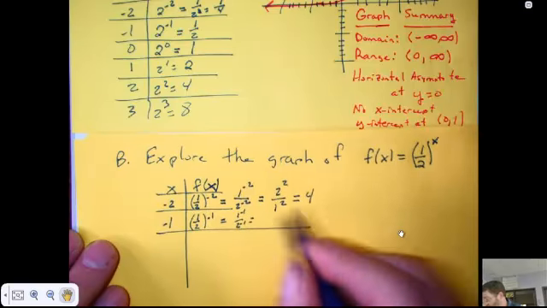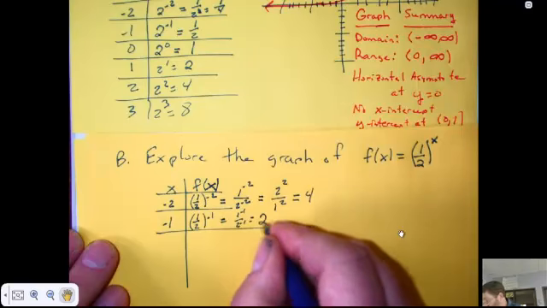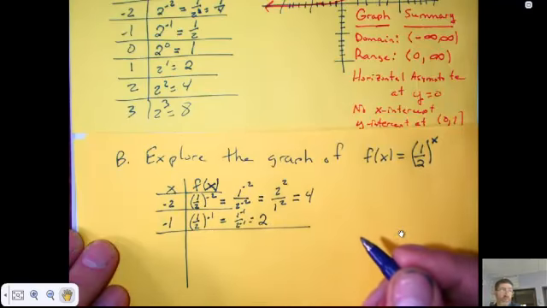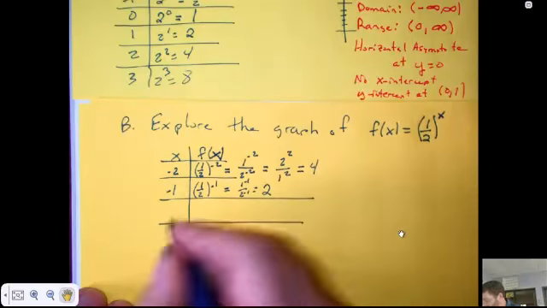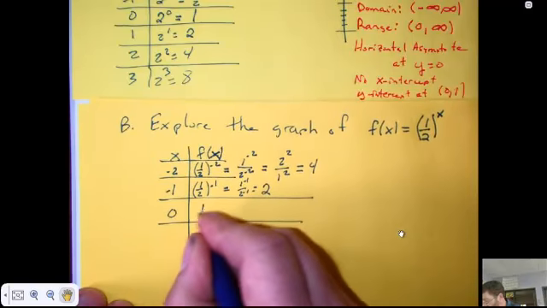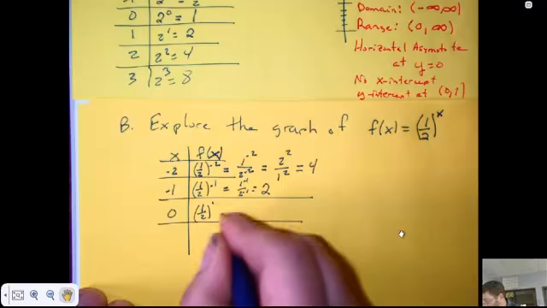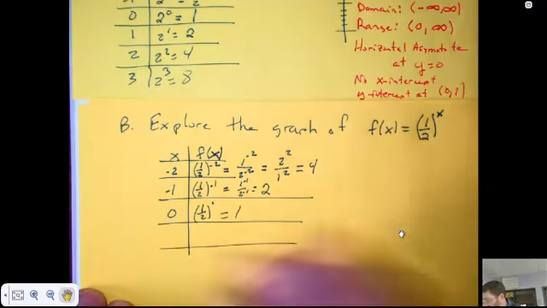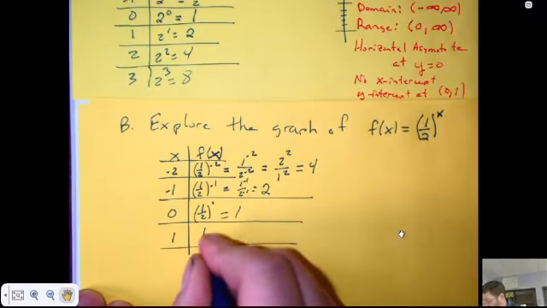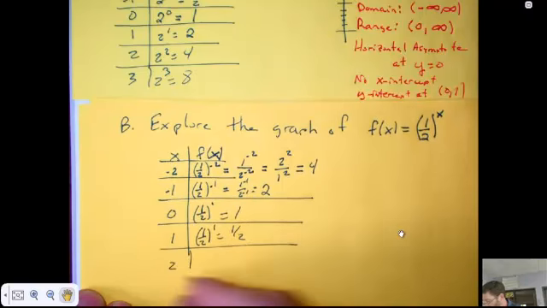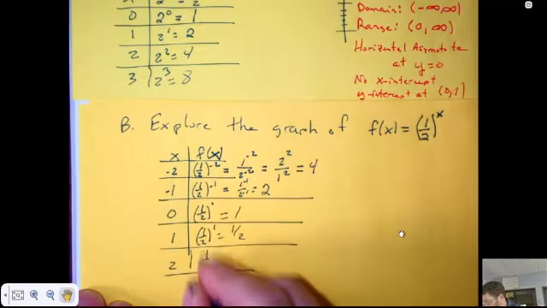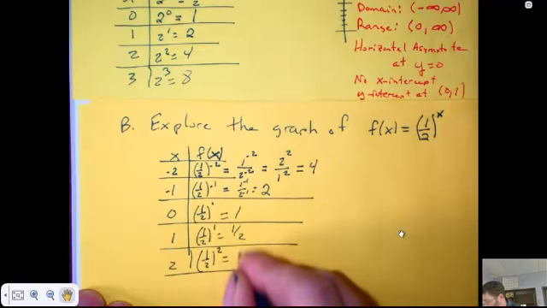When I switch that, I get just 2. If I do 0, what happens? Oh, that's easy, no matter what, it's 1. If I do positive 1, that's a half. And if I do positive 2, that would be a half squared, a fourth.